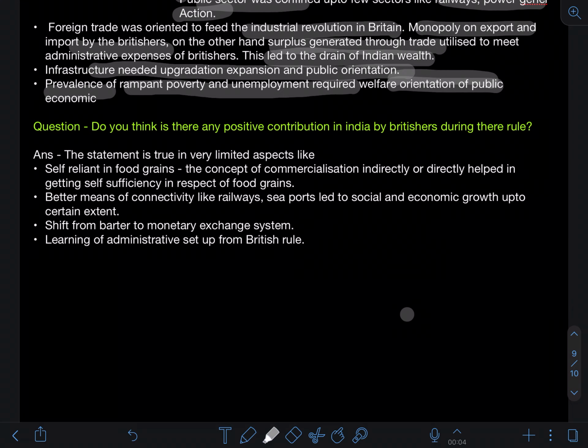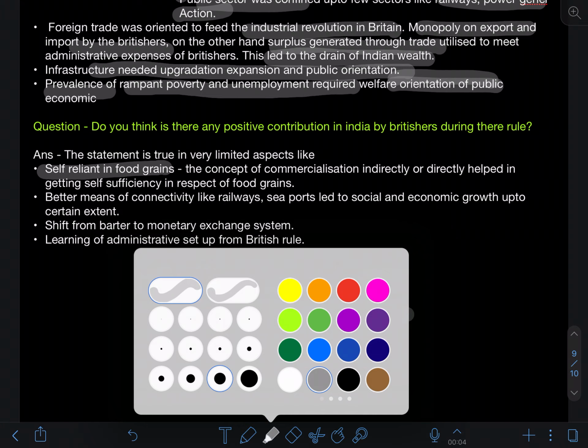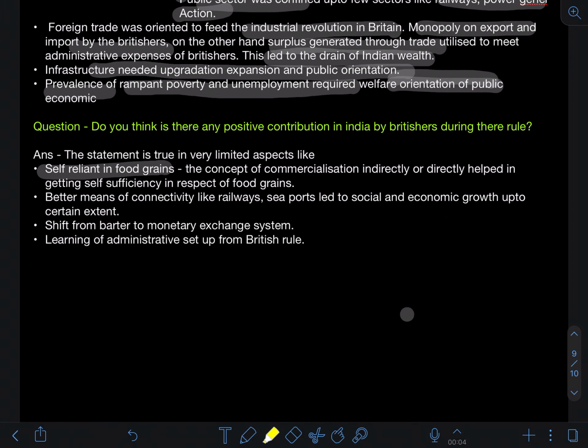So what you can say: self-reliance. During that time, we were not self-reliant, but with the help of the Britishers, there was a lot of focus on commercialization, producing products that would be sold to foreign markets. So directly or indirectly they helped in self-sufficiency.